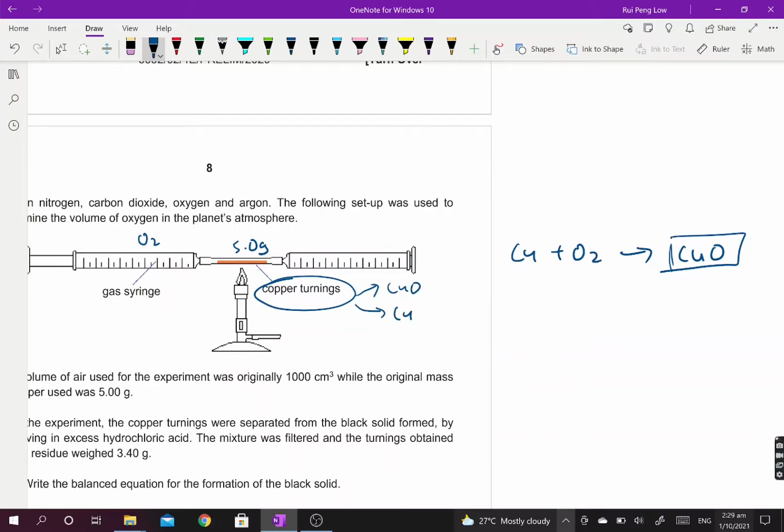Now, what they do is this. They are using this and then they add hydrochloric acid. When you add hydrochloric acid, the next question is, which one will hydrochloric acid react with? The only answer is it will only react with this.